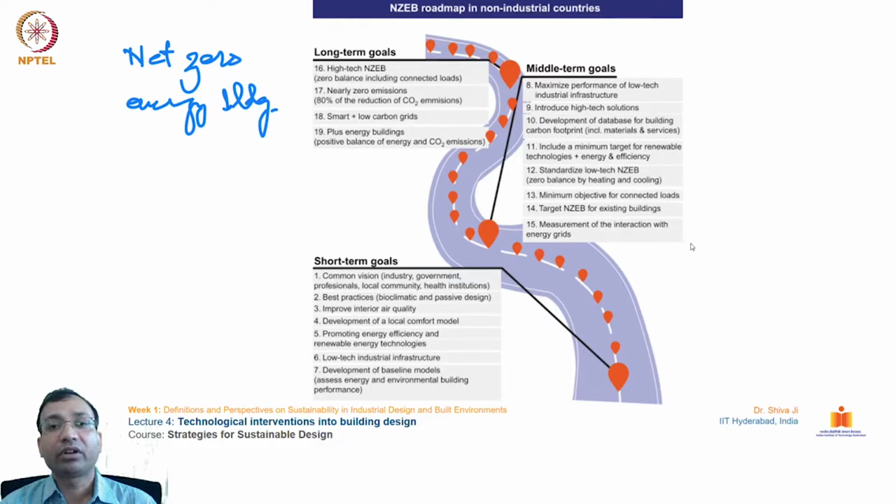The fourth one is development of a local comfort model. Generally we follow tools, graphs and standards which run at the national level, but some intervention is needed to create such parameters at the local level, so that we have a model of the local comfort level: how much variation is going to be there in temperature, in the thermal range, in humidity, in precipitation, in wind speed and wind velocity.